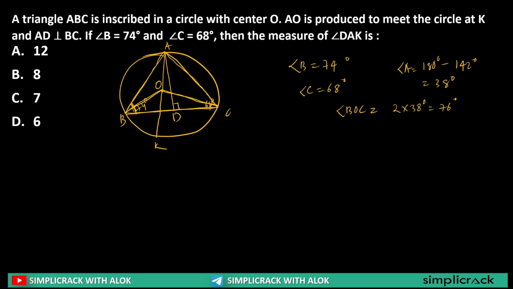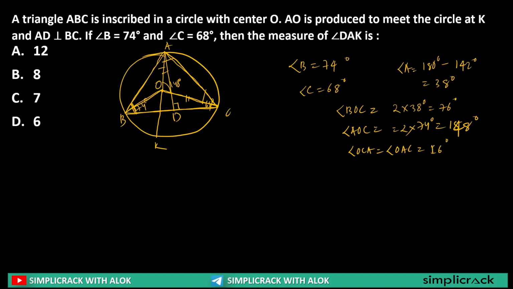AOC will be twice of this, twice of 74, that is 148 degree. Clear? Now if this is 148 degree, these both angles are equal as these are the radius. So OCA or OAC will be equal to what? The total will be 32, so each angle will be 16 degree.